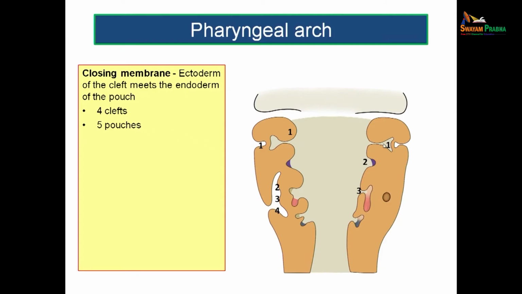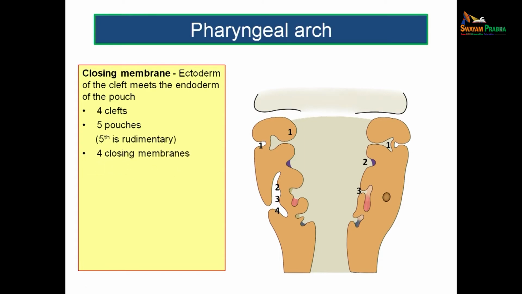So you have the first pouch here, second pouch, third pouch, fourth pouch and the 5th pouch. So 1, 2, 3, 4 and a 5th one, that is usually rudimentary. So there are 5 pouches, 4 clefts, and you will be having 4 closing membranes.